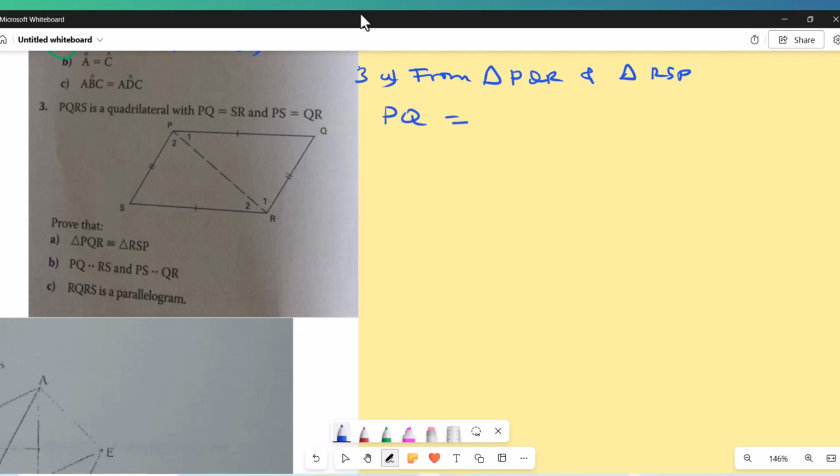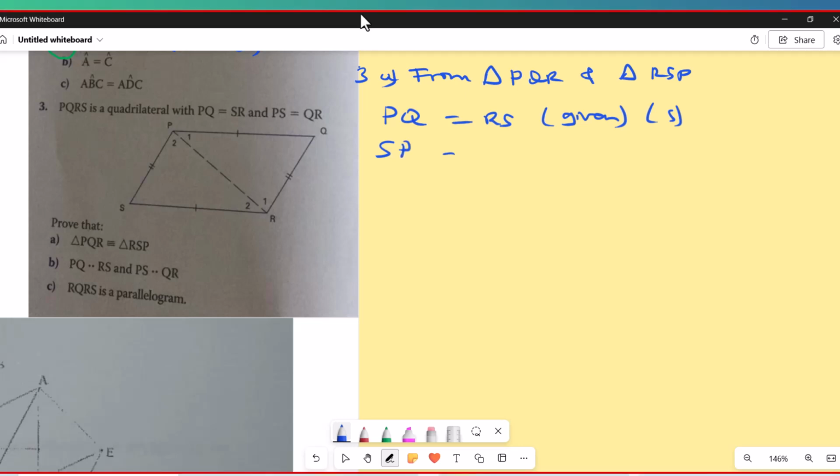PQ equals to SR, or you can say RS. Reason being it is given. What else do you see, guys? Apart from that? SP is equals to RQ. Yes, also SP equals to RQ. Reason being also given, right?